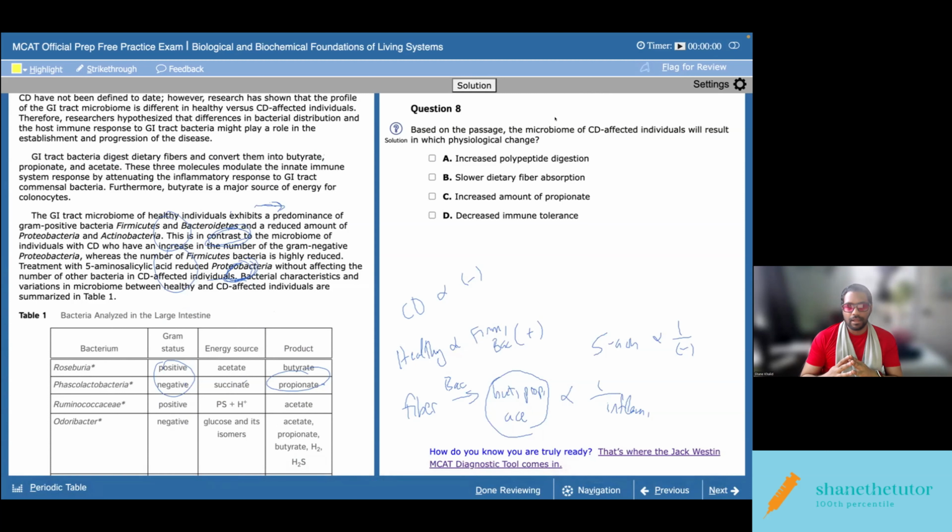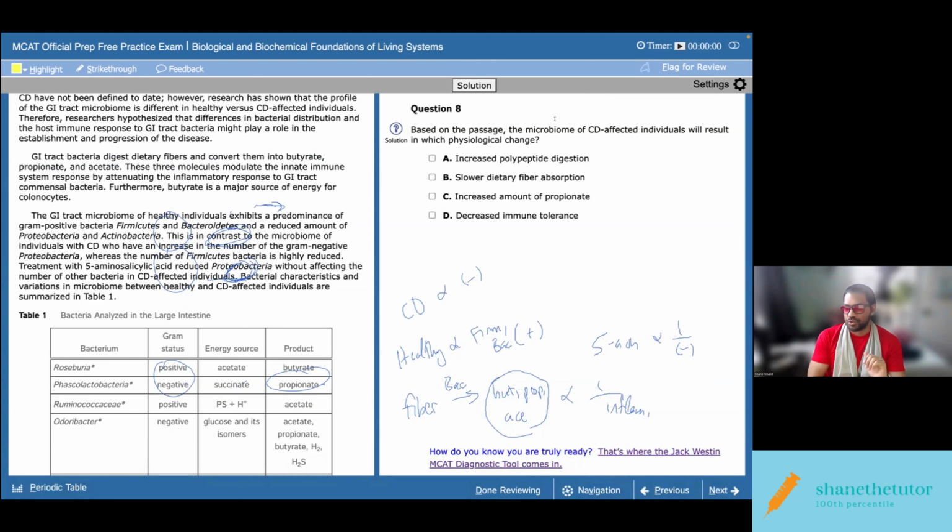But I guess, oh, the microbiome, never mind. Yeah, and just like I say, it's good to have legit reasons for eliminating wrong answer choices. If you can even have more than one reason, that's even better. So dietary fiber, I didn't mention anything about it before, but fiber, we're told in the passage, is broken down into this other stuff. So why would we be doing stuff with fiber, right?